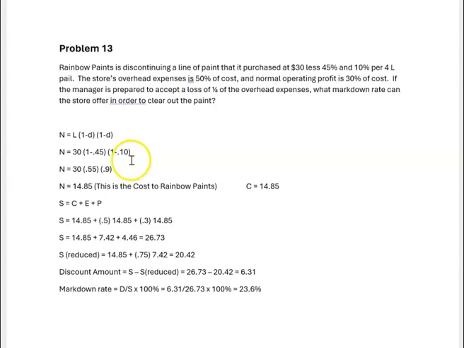Solve in your brackets. So that gives us N, or your net price, equals 30 multiplied by 0.55 multiplied by 0.9. That gives us a net price of $14.85.